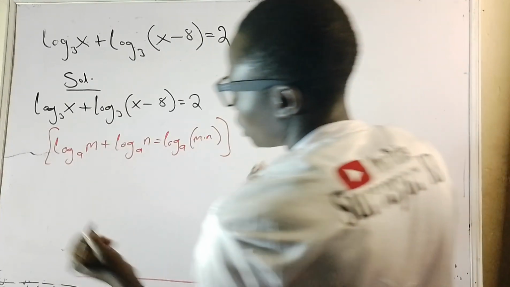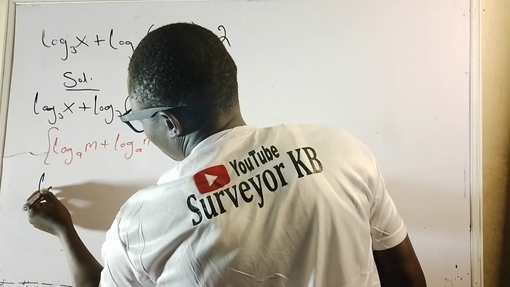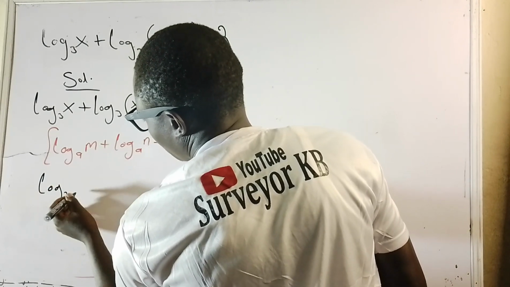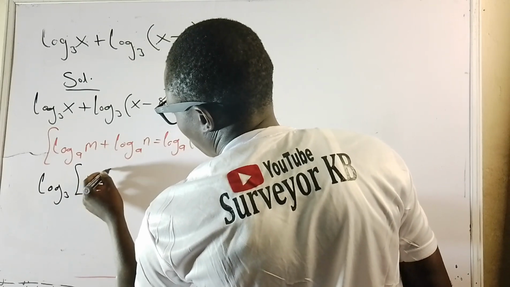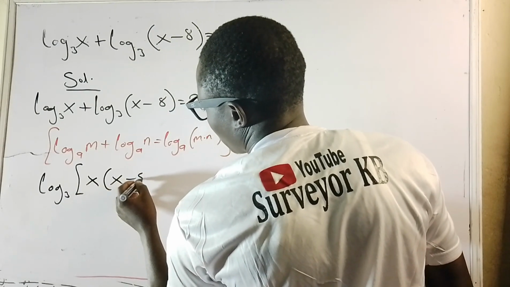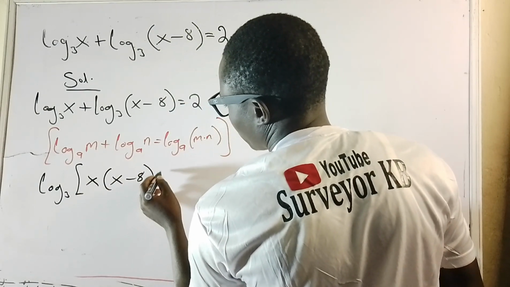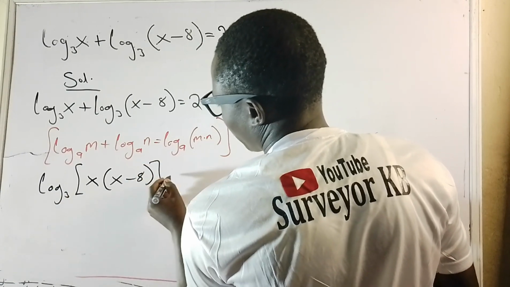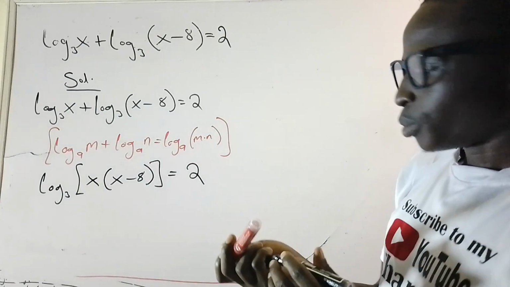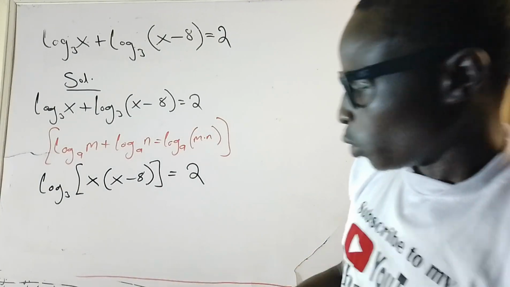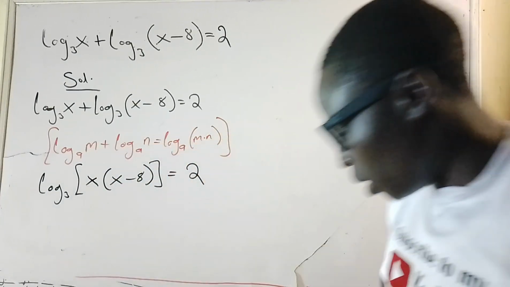This is the same thing as log to base 3 of x times (x minus 8), all equal to 2. That is going by this rule.